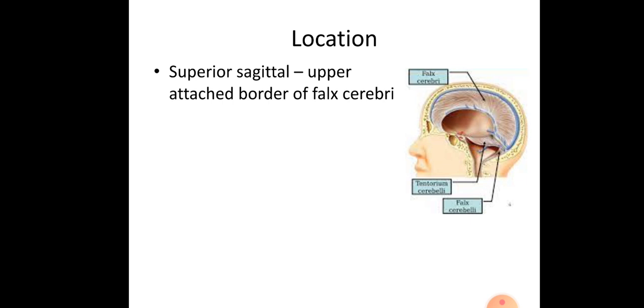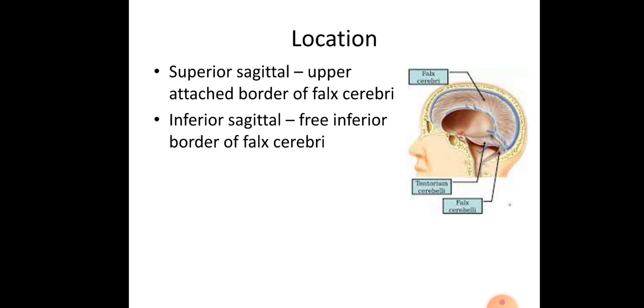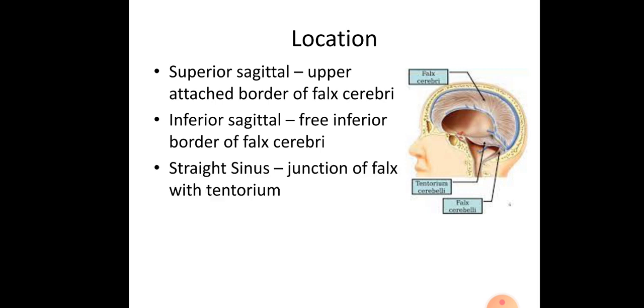just remember that the superior sagittal, we told you, is along the upper attached border of the falx cerebri. Inferior sagittal sinus, you can see, is along the free inferior border of falx cerebri. Can you see that? Okay. Now about the straight sinus, at the junction of the falx with the tentorium cerebelli.